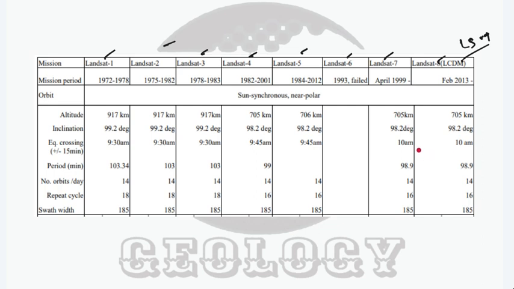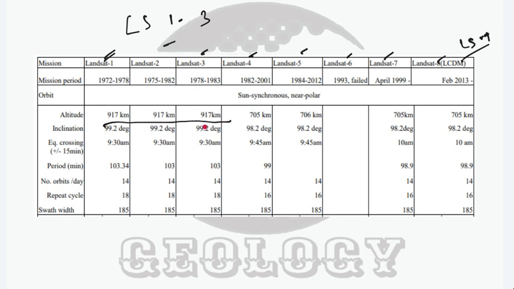I'll tell you. So the altitude is 970 kilometers for 1, 2, 3. For 1, 2, 3, this table you can remember easily. This is required for long question writing, I am telling you, not for short questions.